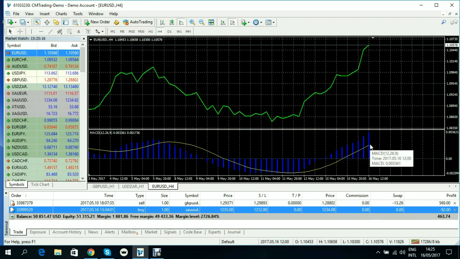Hence, more profit on this very buy position.